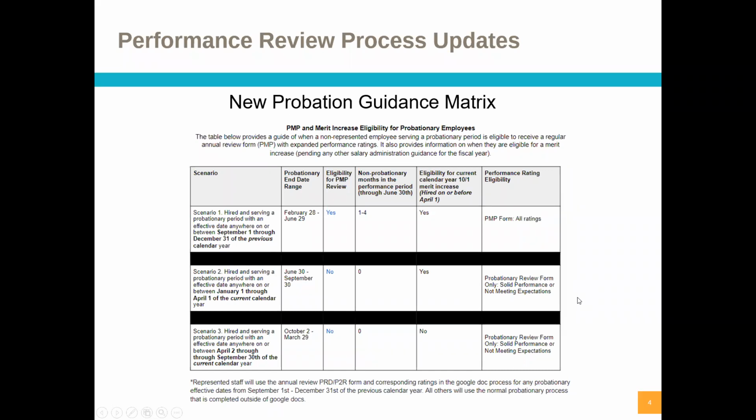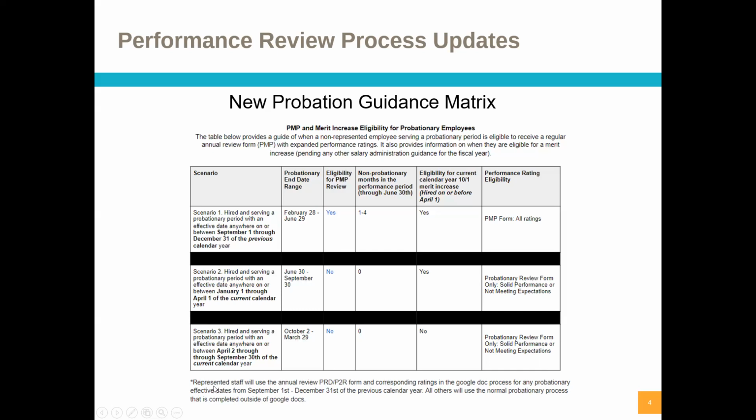There are not going to be any exceptions, given that this is the probationary end date range. And then scenario number 3: you were hired and serving a probationary period with an effective date anywhere on or between April 2nd through September 30th of the current calendar year. Not eligible for a PMP review. There are 0 non-probationary months. This would definitely also be a probationary review form, with solid performance or not meeting expectations.